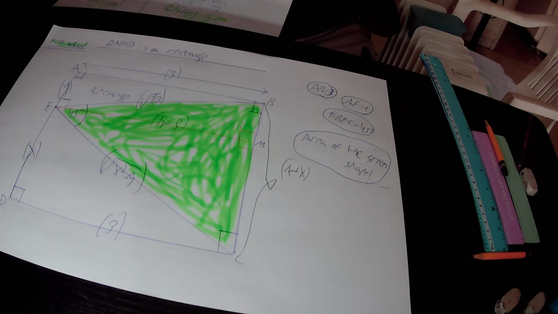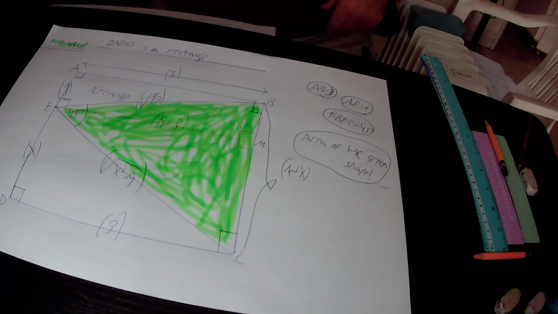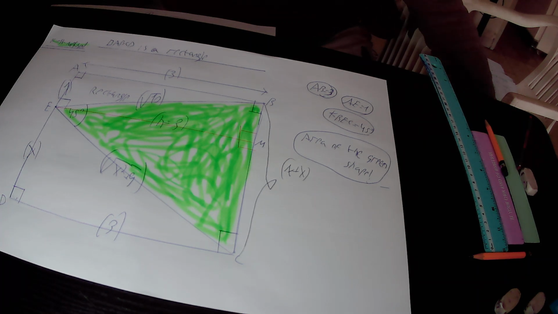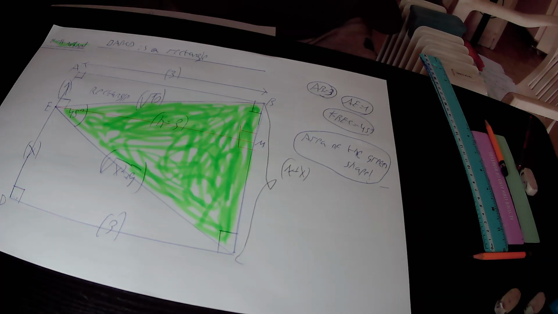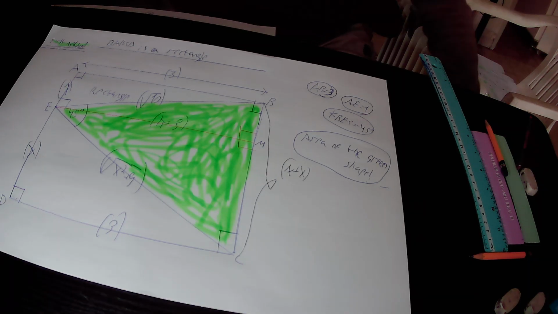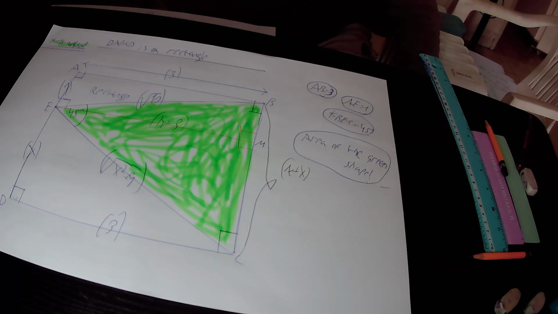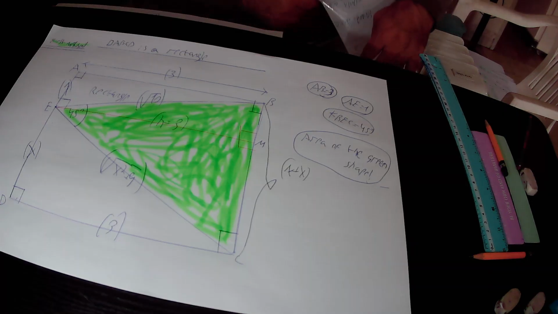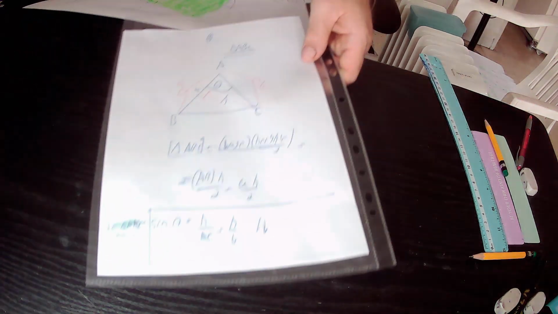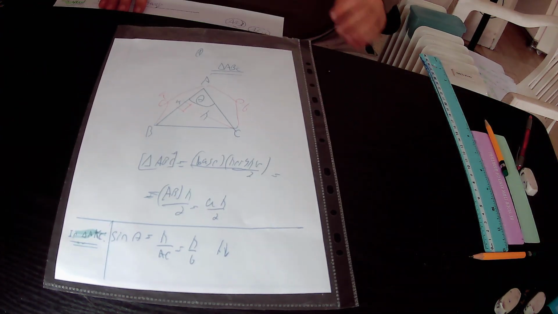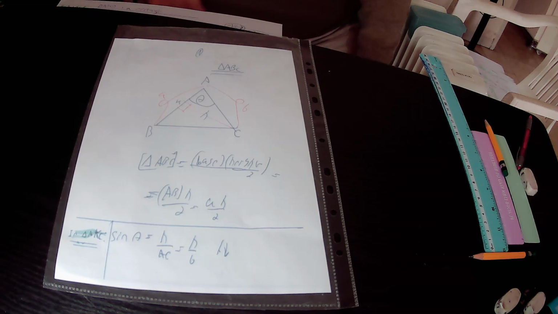In the next step, we calculate the area of this green triangle ABC according to the second method. Actually, we have a special formula for the area of any triangle. This is triangle ABC, that could be any triangle.